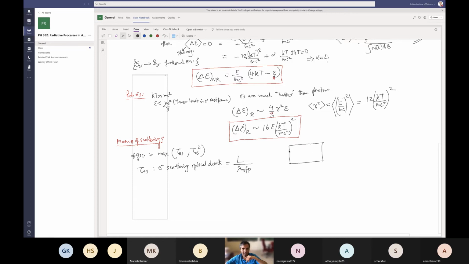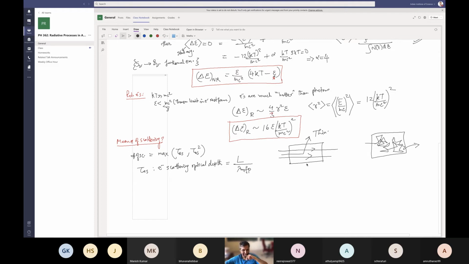When you are in the optically thin case, mostly photons will travel in a straight line, and rarely one of them gets scattered. This is the thin case. What about the optically thick case? In this case, you have photons going around and eventually escaping.